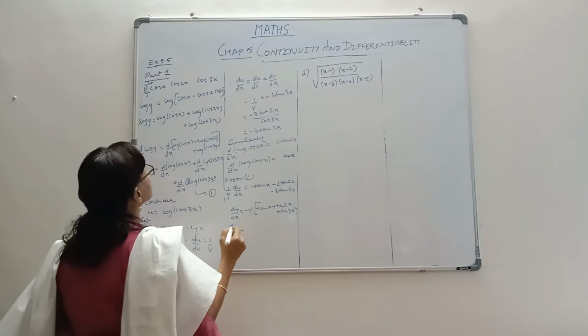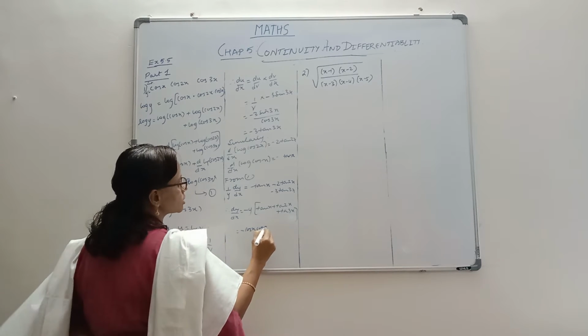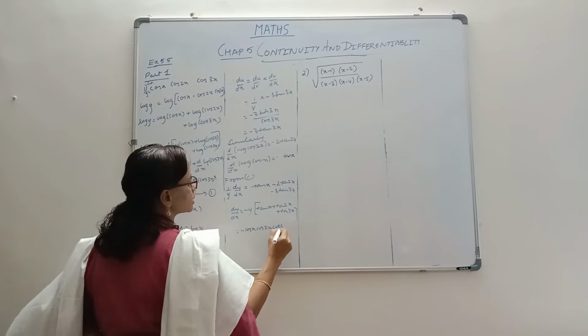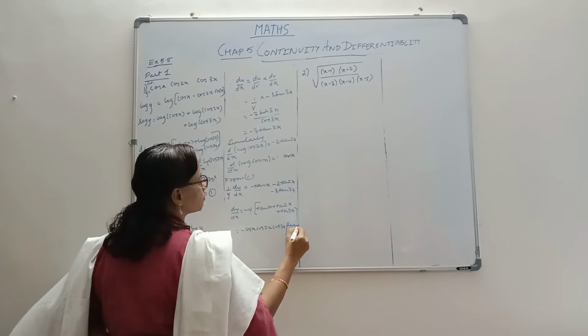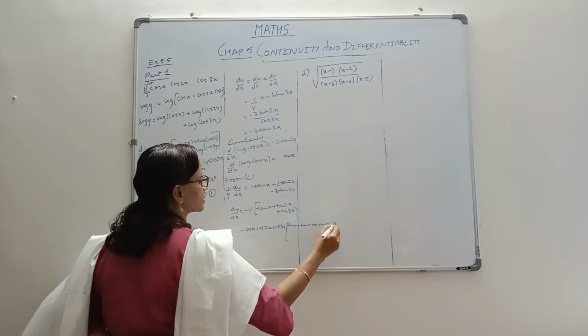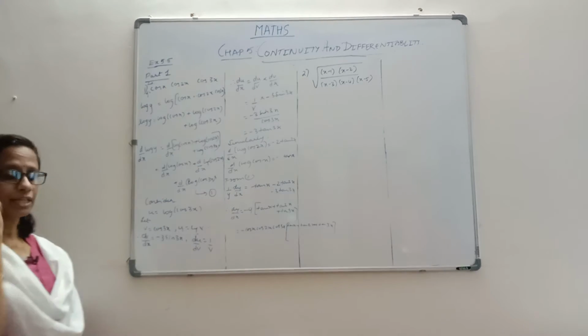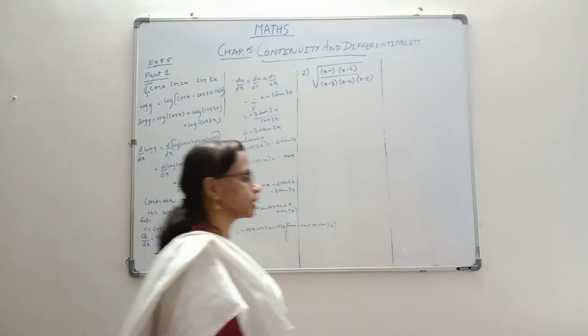Again, y is your creation. So let's have it: minus cos x, cos 2x, cos 3x times tan x plus tan 2x plus tan 3x. That's your answer.